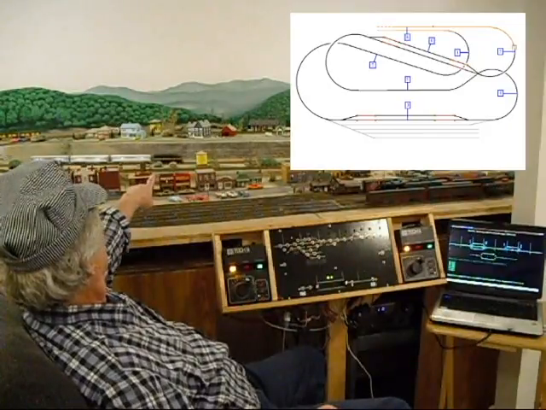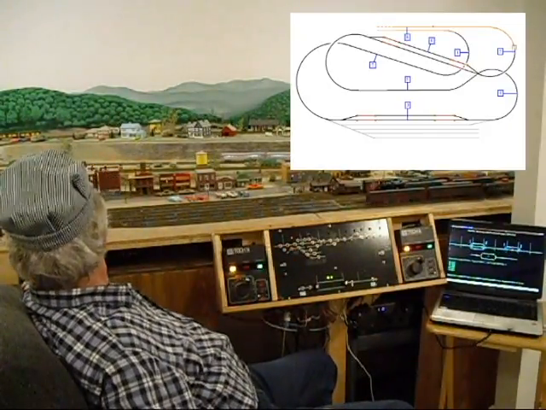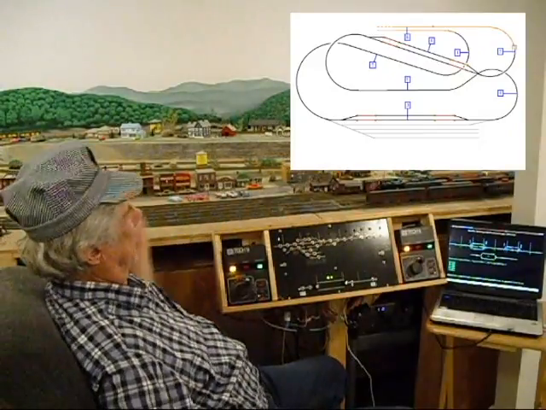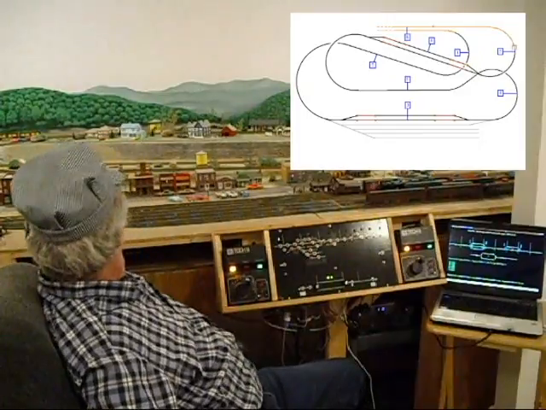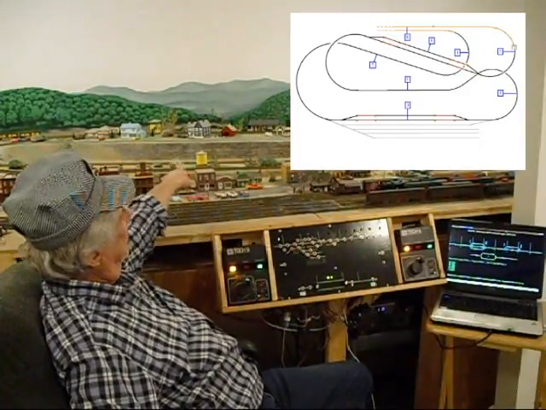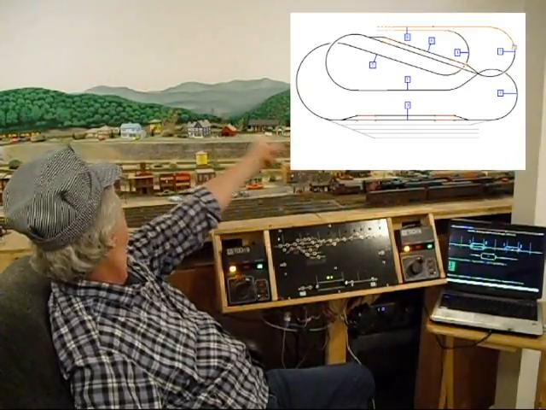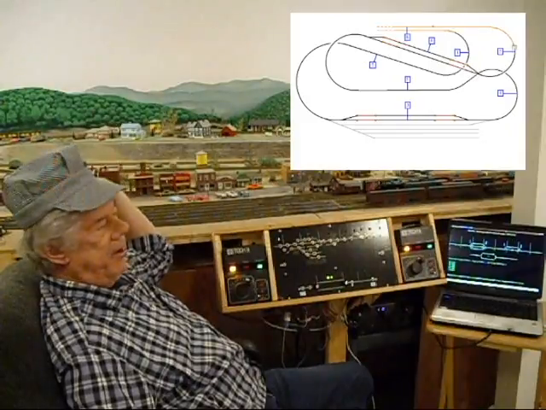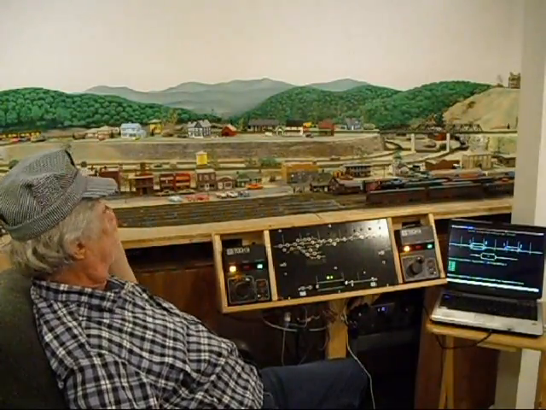This train now is in block 2, and you can see it's lit up here. Then block 3 is the station area, block 4 goes around the bluff, block 5 up the hill, block 6 is the section on the top of the hill, and then it runs into the edge of 7, and then 8 is behind the scenery.